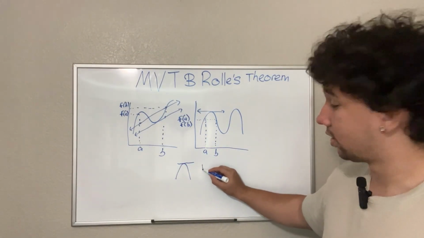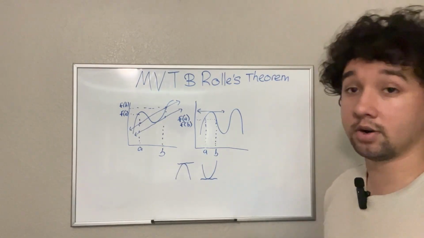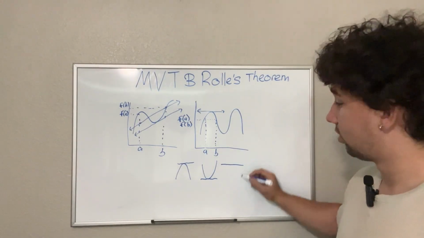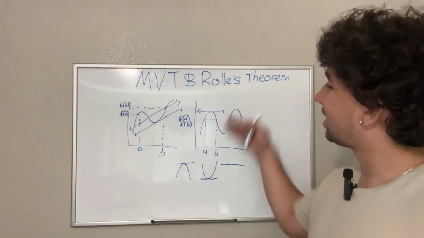It starts somewhere, goes down, and then comes back up. Well, at some point it has to have a slope of 0. And if it never goes anywhere, well, the slope was 0 anyway. So that's kind of the idea.